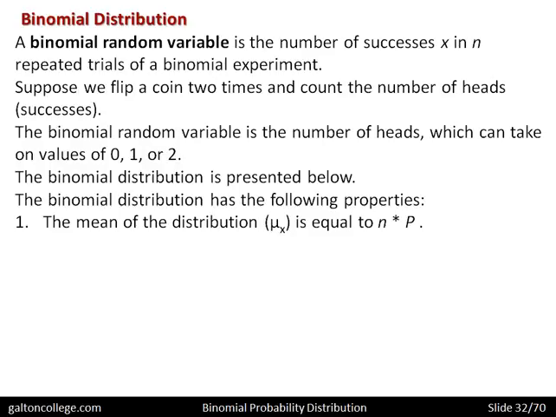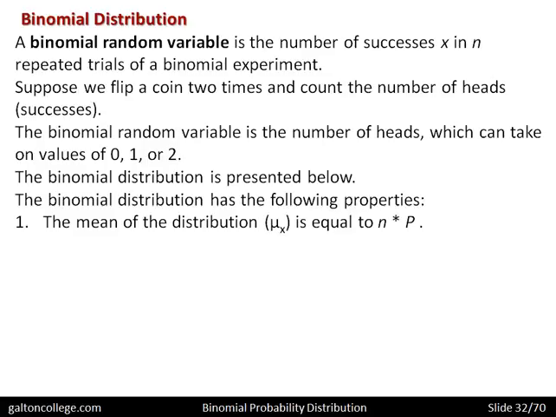The probability of getting a head is 0.5. If we toss it twice, it would be 2 times 0.5, which is equal to 1. So if we toss a coin twice, we'd expect to see one head.